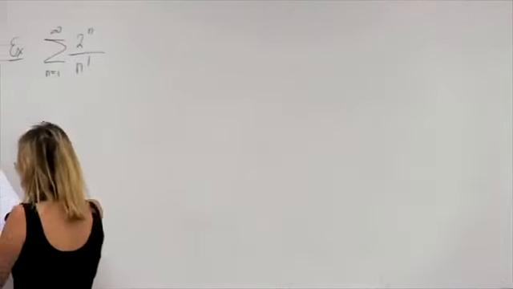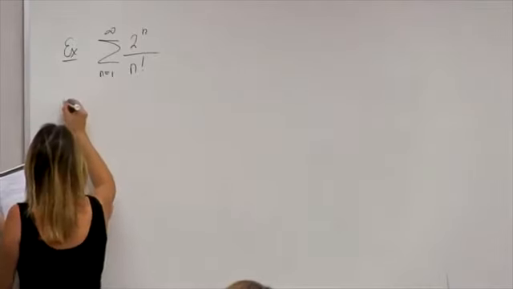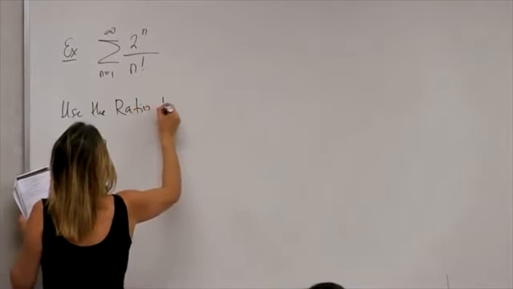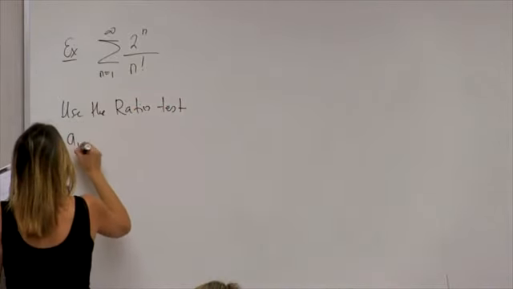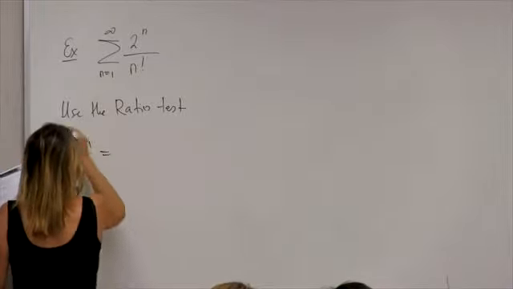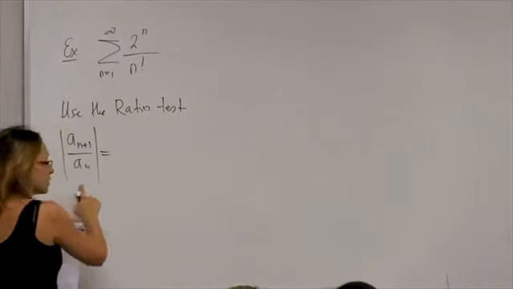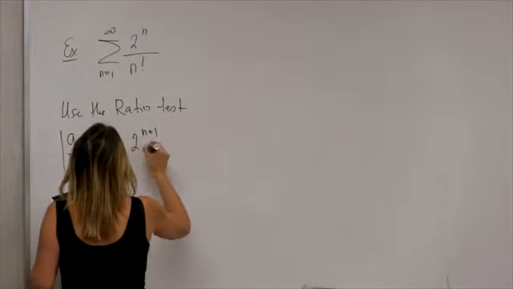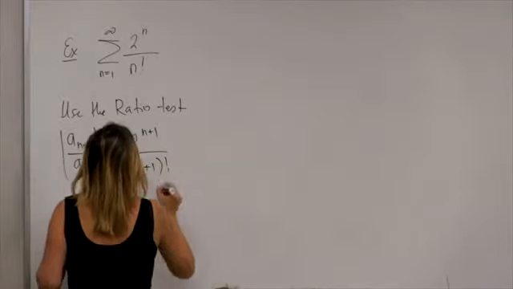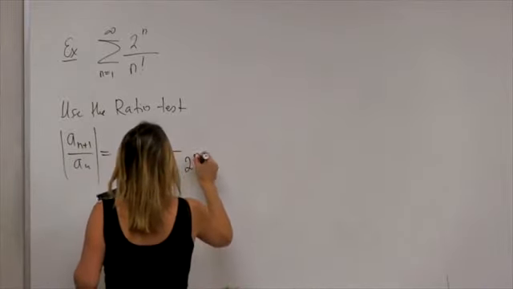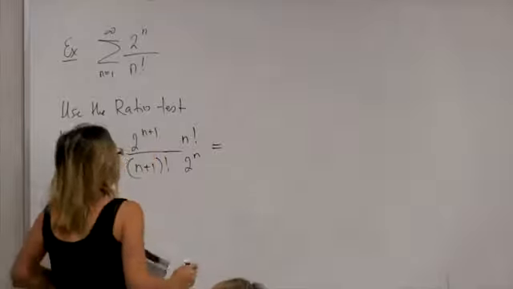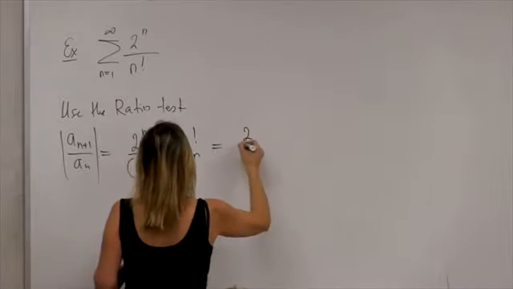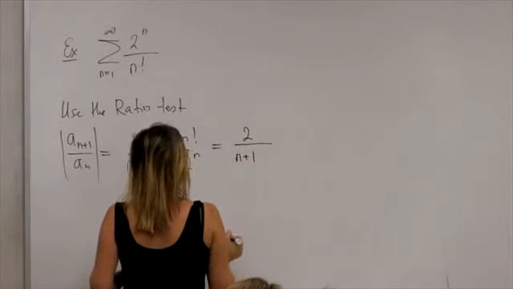So it's a good candidate for the ratio test. We have to look at a_{n+1} over a_n, with absolute values. Everything is positive, so I'm going to get rid of the absolute values. 2^{n+1} over (n+1) factorial divided by 2^n over n factorial. You have to remember what the factorial means. So first I cancel out 2 to the n. I get 2, and here I have n plus 1.